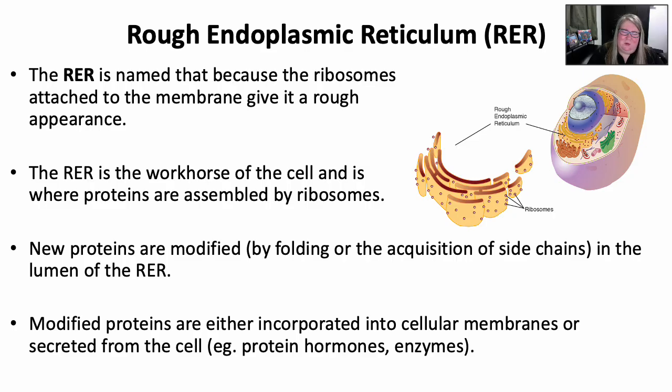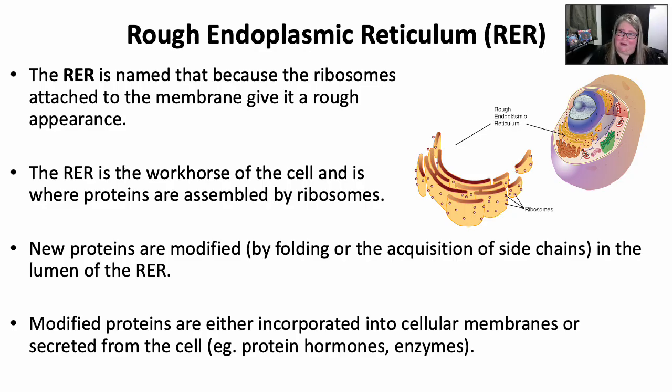Now, I would say that the rough endoplasmic reticulum is the workhorse of the cell. This is where most of the ribosomes are found, and where a lot of the proteins are made. In fact, this is the RER's main function: to make proteins. Our ribosomes make those proteins, they go through and fold here, and we can also modify our proteins here, which means we can add side chains, we can cut pieces off, we can do things that allow the protein to be fully functional.